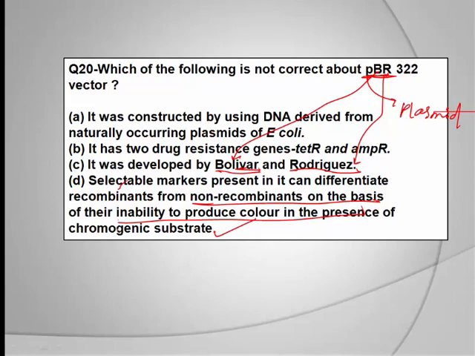In the presence of chromogenic substance, it is not inability, it is the ability to produce the color. They have the ability to produce color.